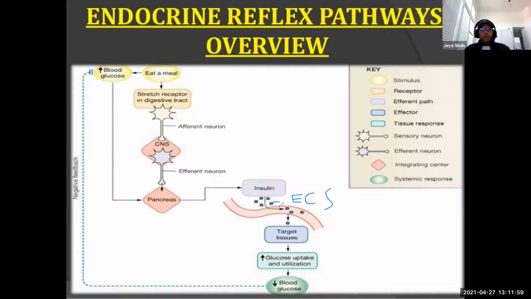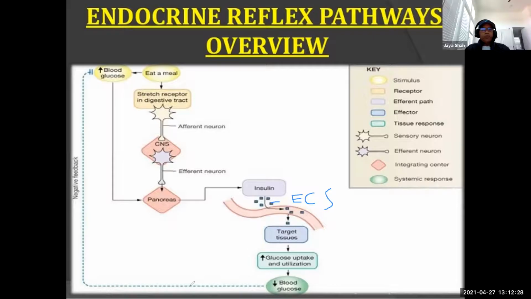This blood vessel then carries it all the way to the target tissue. Target tissues, or target cells, are the cells which have a specific receptor for that insulin. And then the target cells increase glucose uptake and utilization. That's how they slowly reduce blood glucose, because they are taking it from the blood.